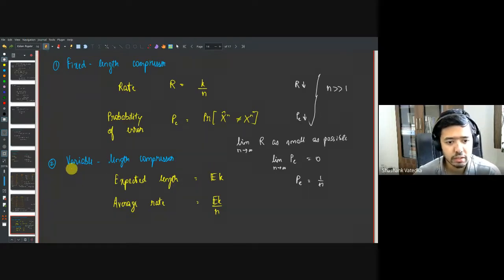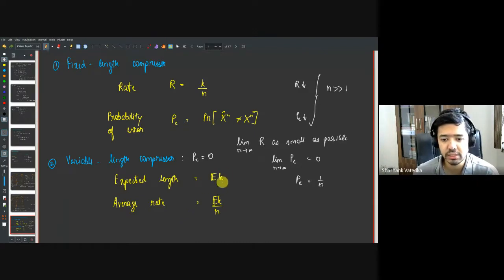On the other hand, if we have a variable length compressor, we know that you never make an error. We demand that the probability of error is exactly equal to 0. So we typically look at 0 error variable length compressors. This is what we ask for, and the performance is measured using the expected length.